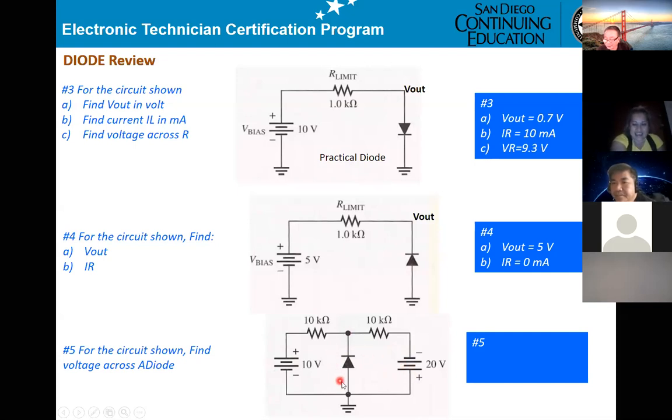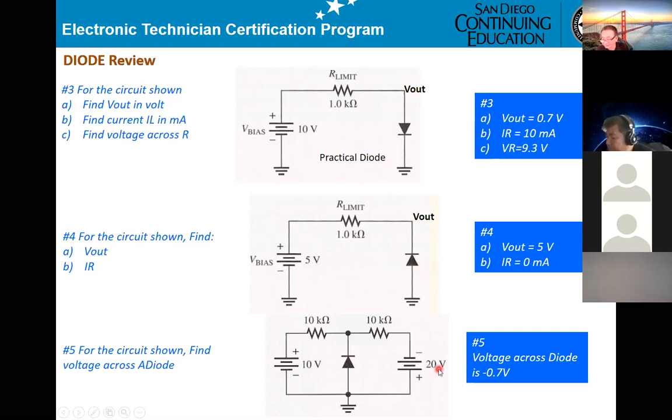Then you can find the voltage here. I gave you the answer, it will be explained to you sometime. Voltage across diode is minus 0.7 volt. Why minus?